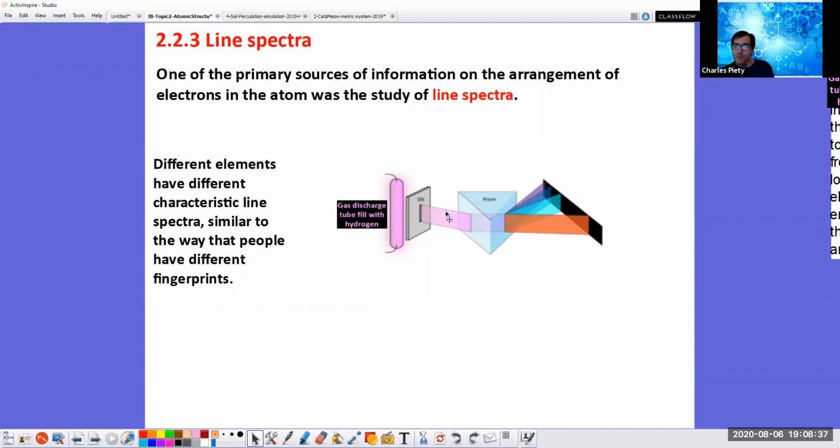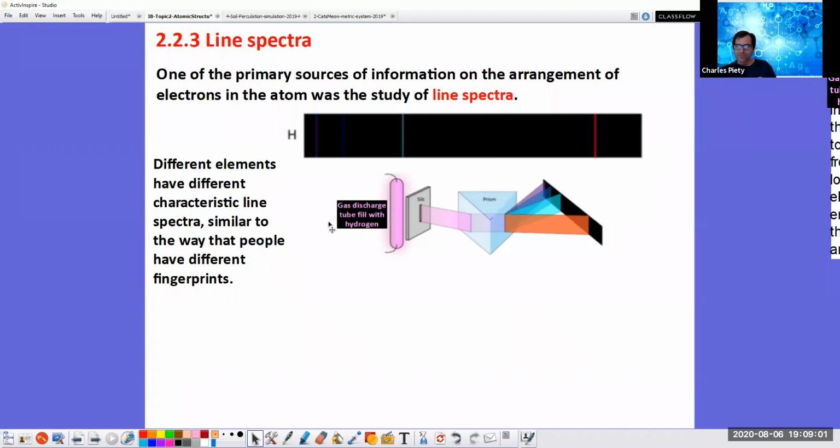And then he passed that light through a prism. People hundreds of years before Niels Bohr knew that when you exposed visible or white light to a prism, it would separate into a rainbow. And that's what you see when you see a rainbow in the sky. It's nature's prism, that's water. And when he did that, he got an interesting observation here.